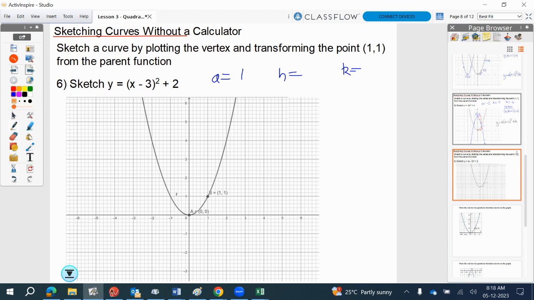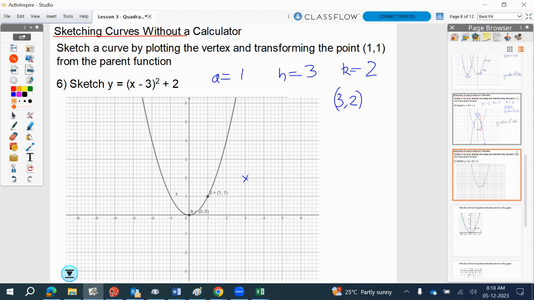Thanks, Molly. And k, Molly, what is that one? K is 2. What's the new coordinates of the vertex? The new vertex is at 3, 2.